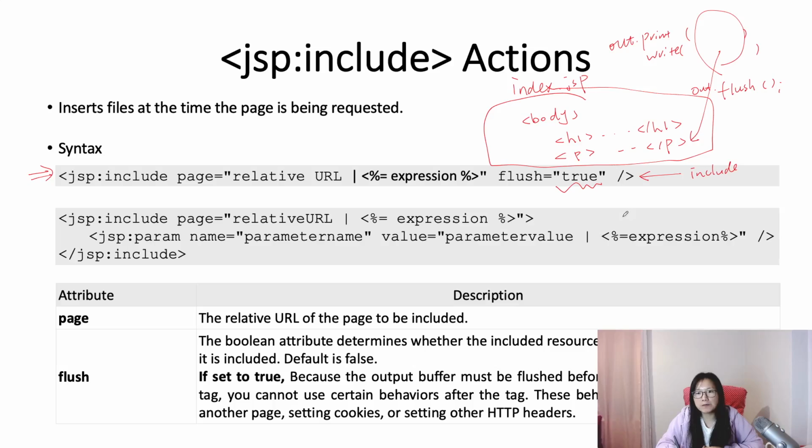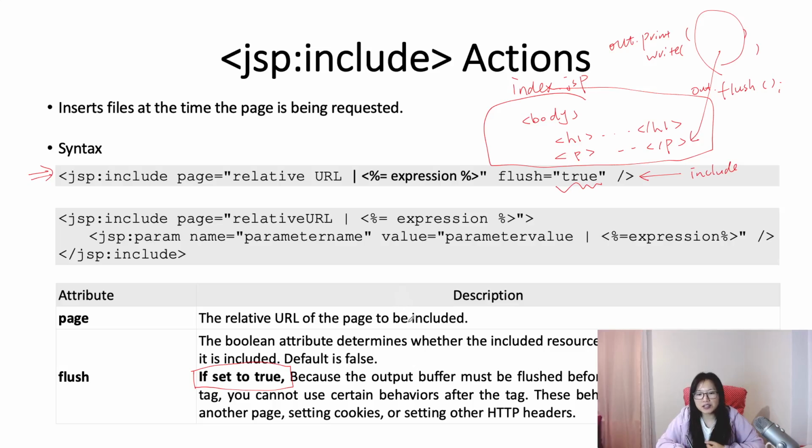And if it's false, which is the default behavior, it doesn't flush. When all the things are done, including the included file, it will flush. If we set it to true, we flush what we have rendered so far in the buffer.